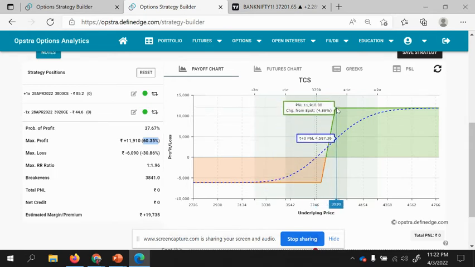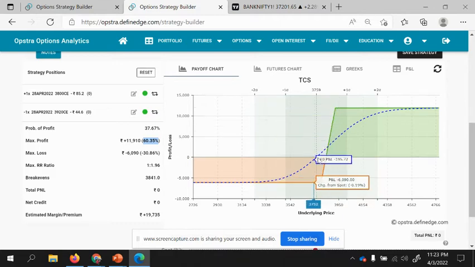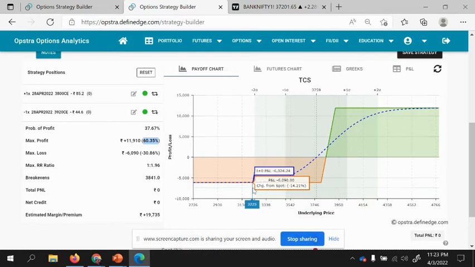If you look at the left side, it says change from spot. If the market makes a move of 4.55% on the upside, friends, you will get 60% profit on the capital deployed. In line with that, if your market makes a downside move, you will have a loss of 30%.